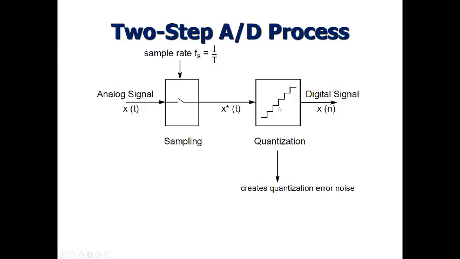That difference between these quantized output values that I can describe with my digital output compared to the actual continuous input that we have is what we call quantization noise or quantization error noise.